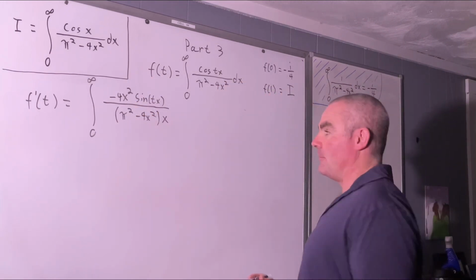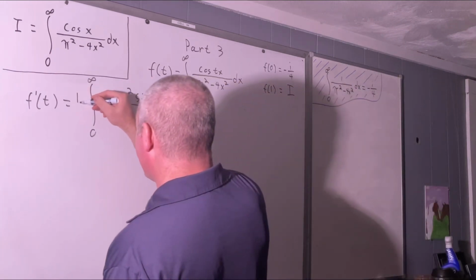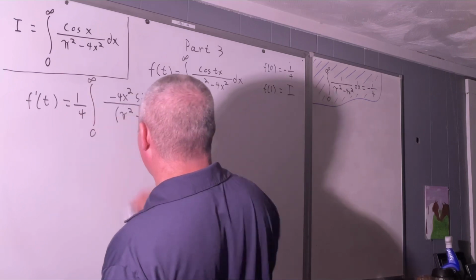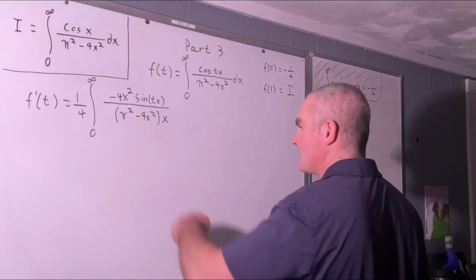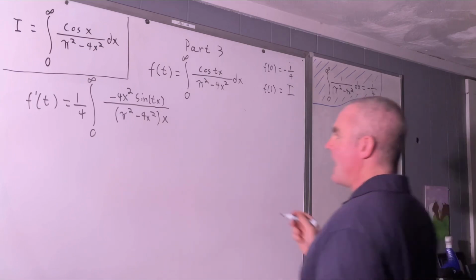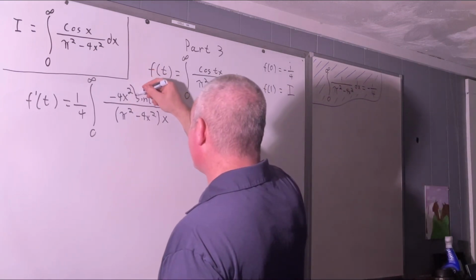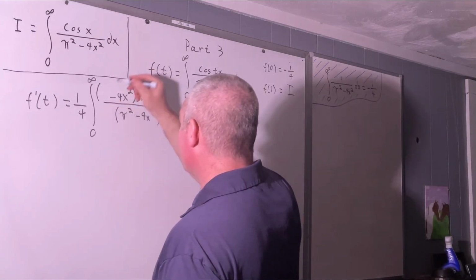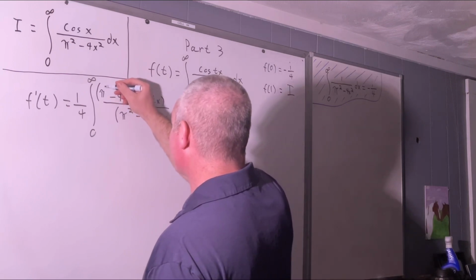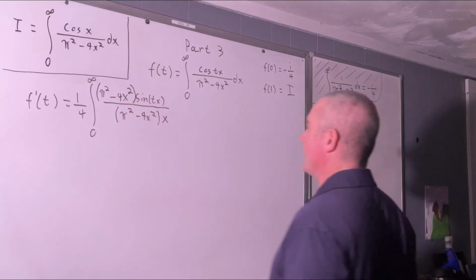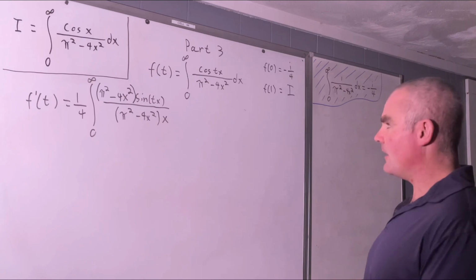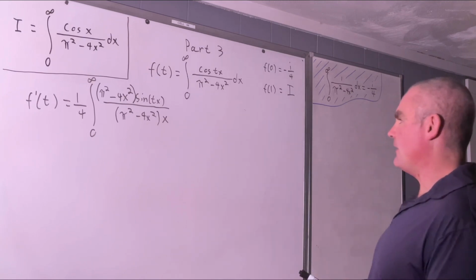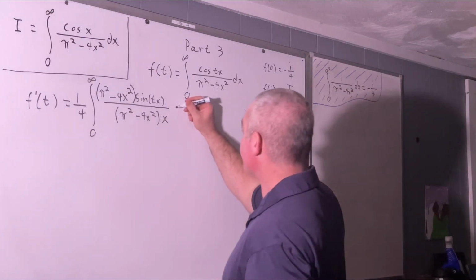But if we multiply it by 4, we have to divide by 4. So this is still valid. This is still f prime of t. Now what I'd like to do is put a parentheses around this and introduce a pi squared term inside that parentheses. Okay, well, what did that have the effect of doing to the entire integral? This is dx, by the way.